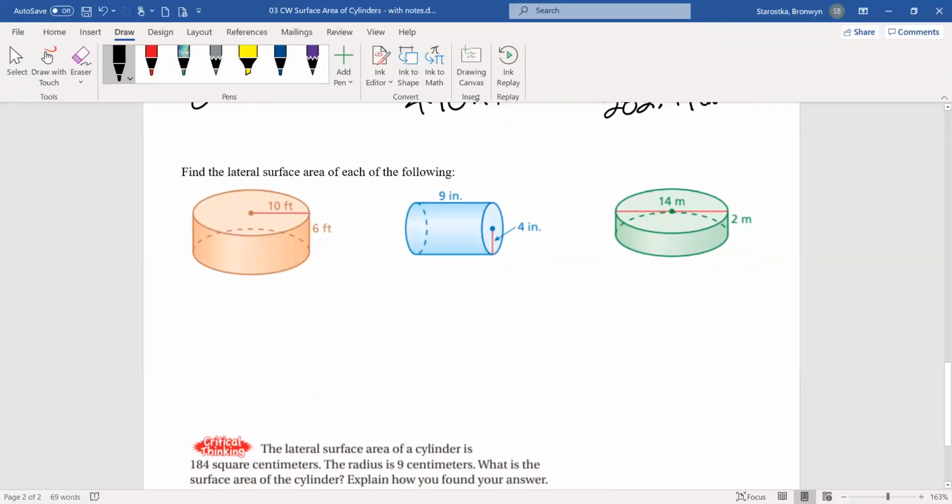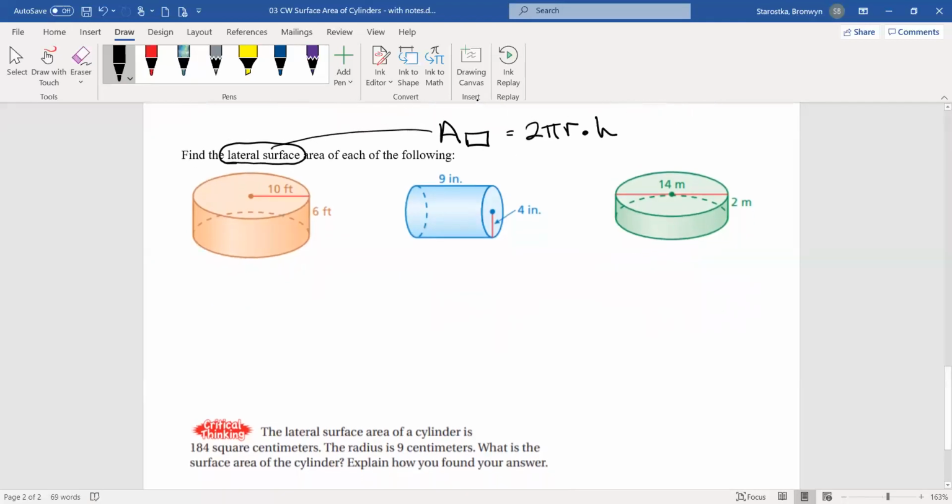This one says find the lateral surface. So if we're going to find the lateral surface, we just want the area of the rectangle. So the area of the rectangle, remember, is the circumference times the height. So here we go.